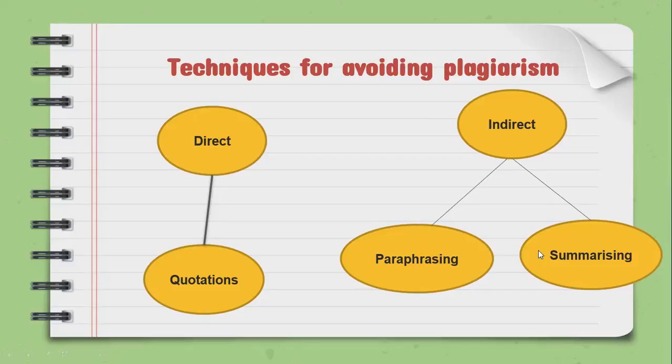One technique is summarizing, and the second indirect technique is paraphrasing. Paraphrasing means summarizing in your own words. You can change the structure: you can put the problem, then the conclusion, and after that the techniques they used. But when it comes to paraphrasing, you have to follow the order of the paper, as well as change the words.